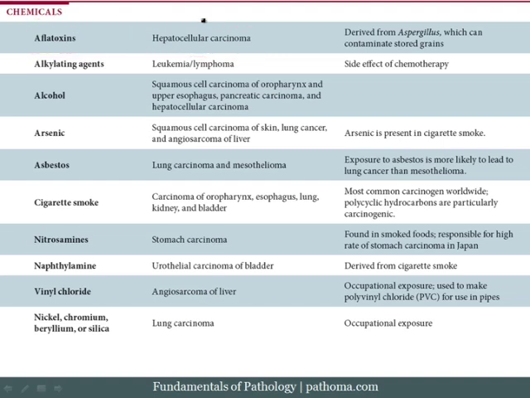The next chemical are alkylating agents, and alkylating agents increase the risk of leukemia and lymphoma.